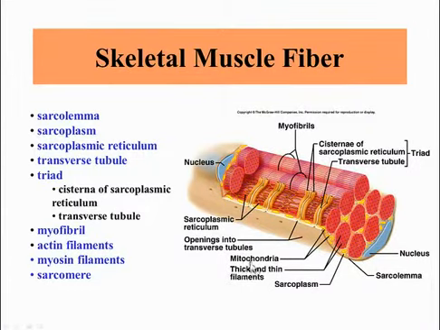Now in this drawing you see mitochondria. Remember when we talked about cell parts and their functions, mitochondria produce ATP from the food that you eat, mainly glucose, that provides chemical energy that is converted to mechanical energy by contracting the muscle.